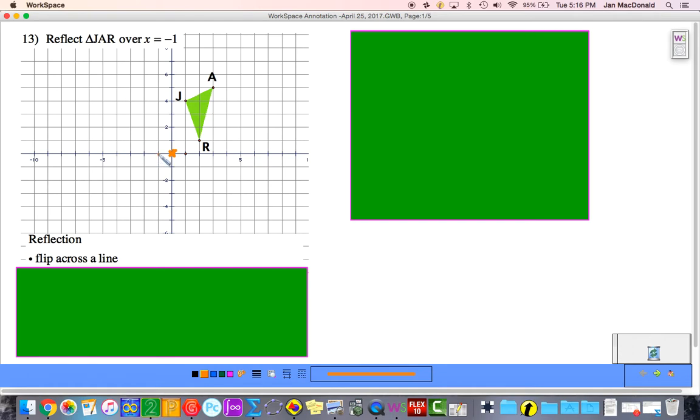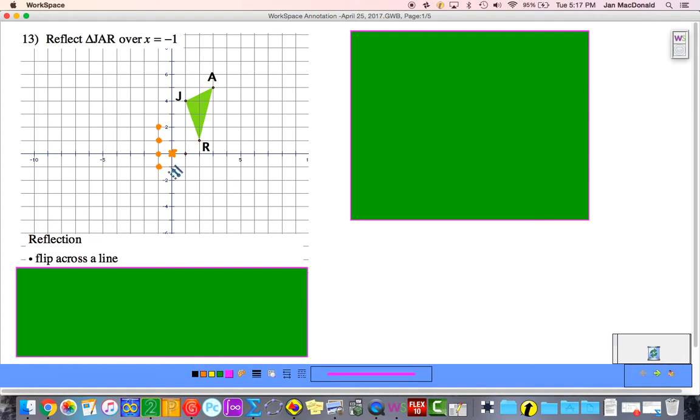Here we have the point -1, 0. That must be on our line. Here we have the point -1, 1. Here would be the point -1, 2, again from the origin, left 1, up 2. Here would be the point -1, -1.